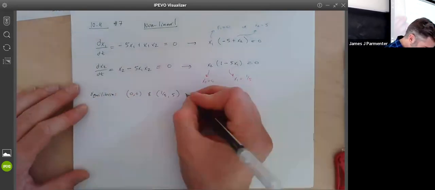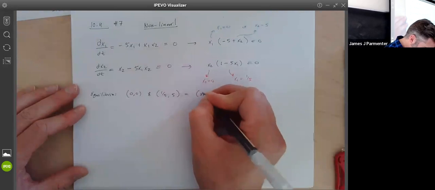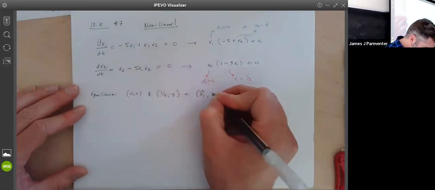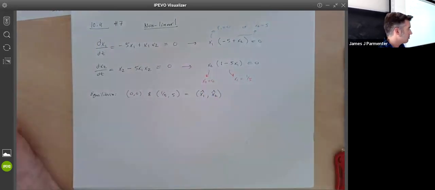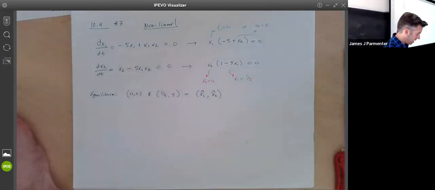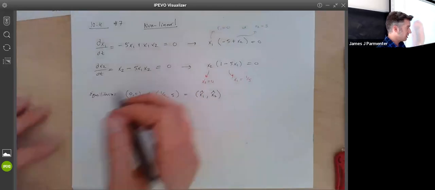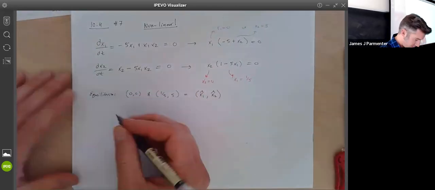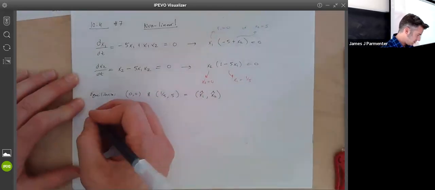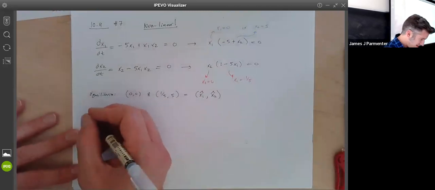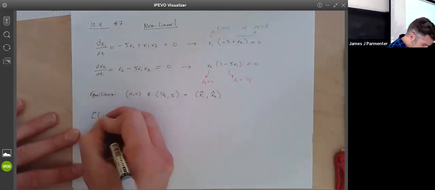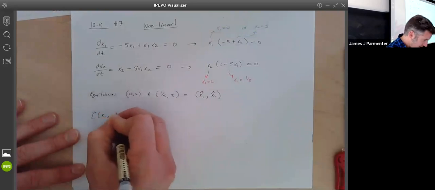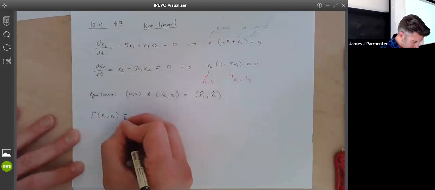And our notation for that is this whole (x1 hat, x2 hat). Those are equilibria. And then this equation that I honestly have a hard time remembering. So here's what our linearization looks like. The linearization, which some people write, I suppose, as L of (x1, x2), is the following very, very general formula.